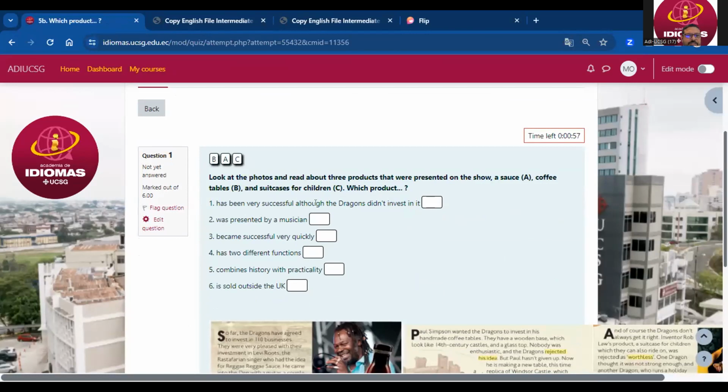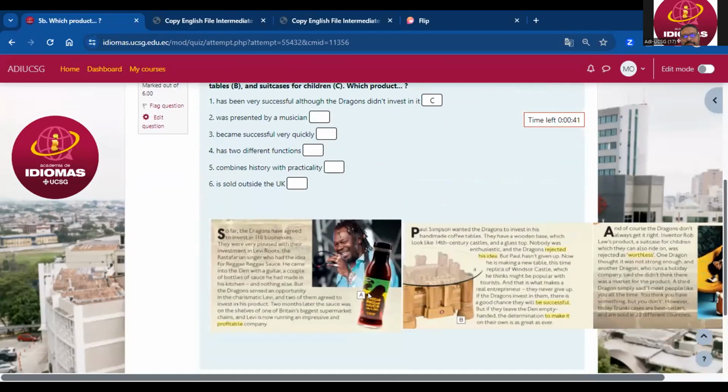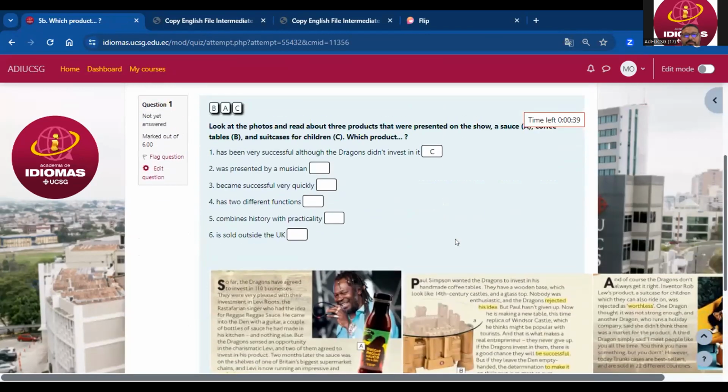Has been very successful, although the dragon didn't invest in it. And then we are going to select, obviously, the letter according to what we read. You have the text right here as a reference, and then we can complete it.